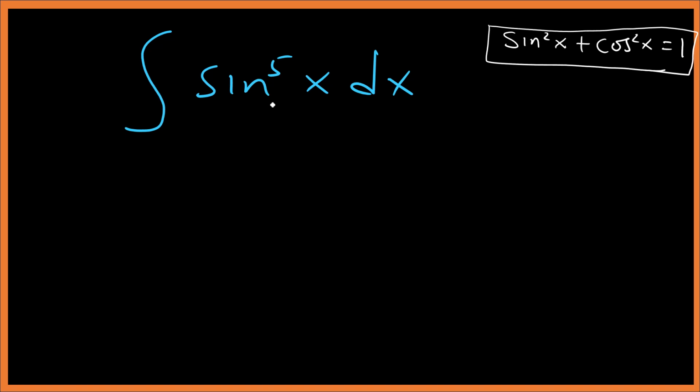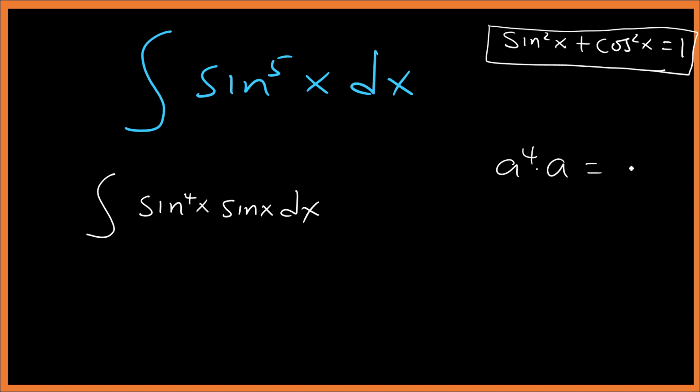Now from here we can write this as the integral of sine to the power of 4 x times sine x dx. So this is the same as a to the power 4 times a, which will be a to the power 5.